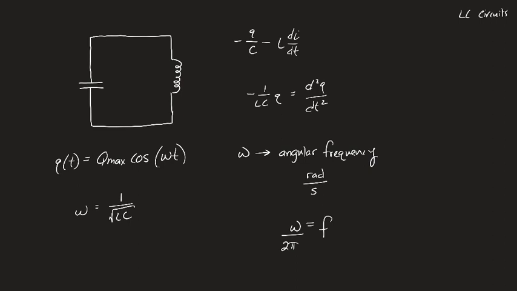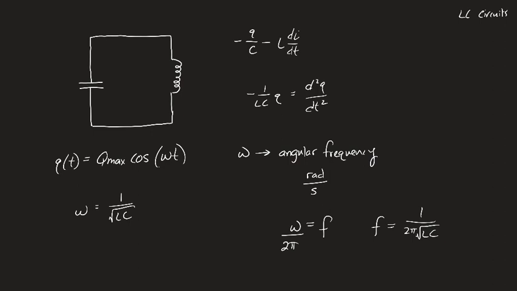So the oscillatory frequency looks like this. If omega is 1 over the root of LC, then the oscillatory frequency would be 1 over 2 pi times the root of LC. Oscillations per second, or hertz.